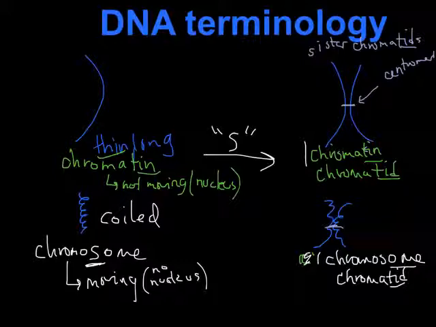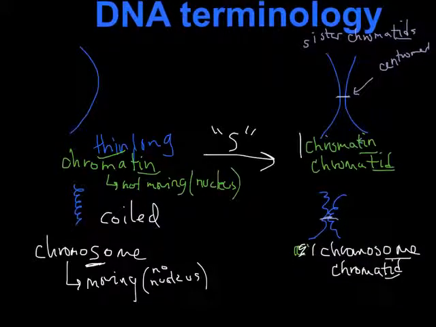However, since there's two copies of the same message of DNA there, this is actually two chromatids. 1, 2, because it's got two of the same message. And this is as well two chromatids, because it's got two of the same message. 1, 2. So it's one chromatin, two chromatids there. So the number of chromatids will always be double the number of chromosomes or chromatin.